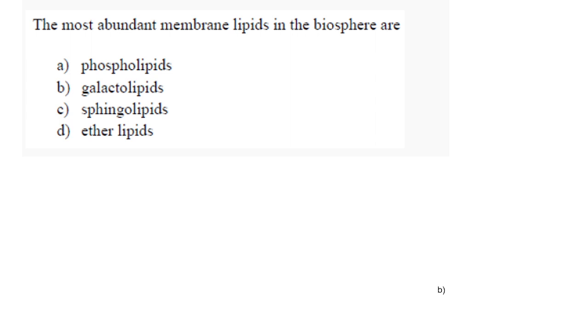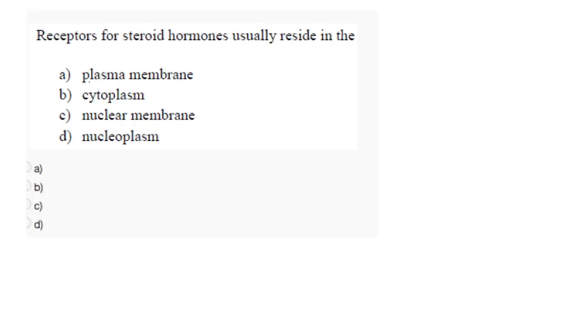It will be galactolipids. These are the most abundant lipids in the biosphere. The receptor for steroid hormones usually resides in the plasma membrane, cytoplasm, nuclear membrane, or nucleoplasm. So the receptor for steroid hormones is usually in the nucleoplasm.